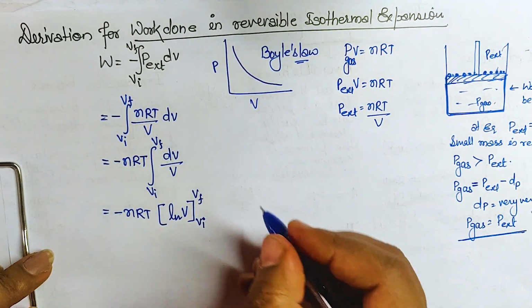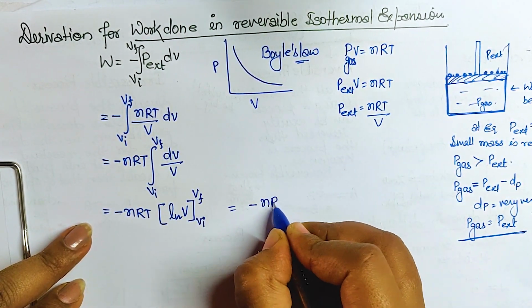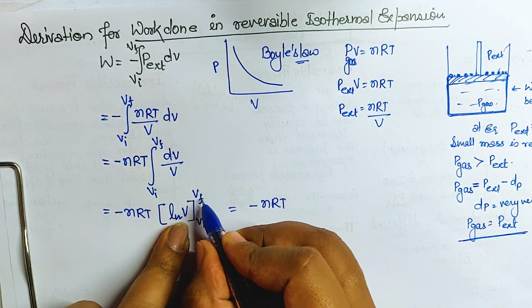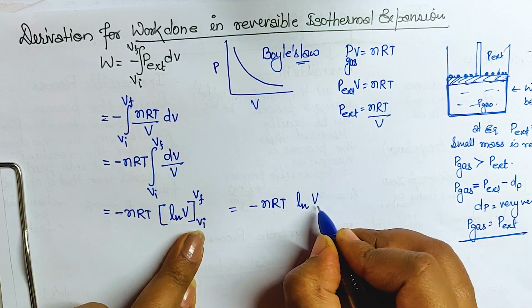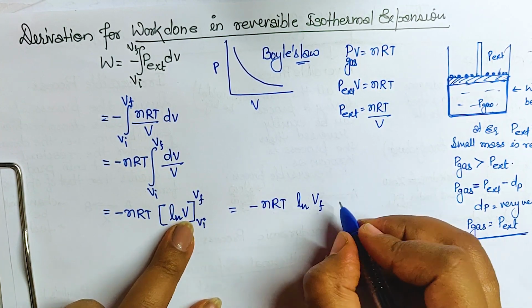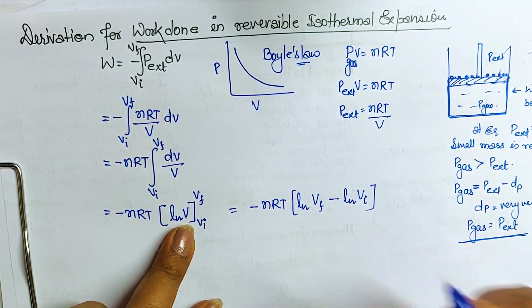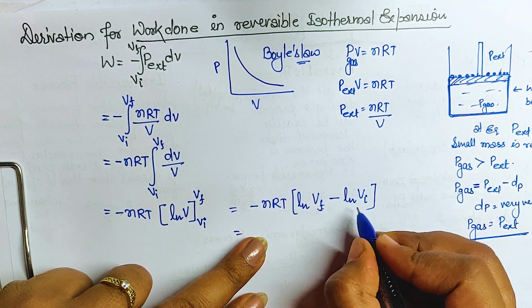So if we expand it, it will give you nRT, and ln V, one time with V final, another time with V initial. So we can write ln V final minus ln V initial. Now the log value: this is log m minus log n.